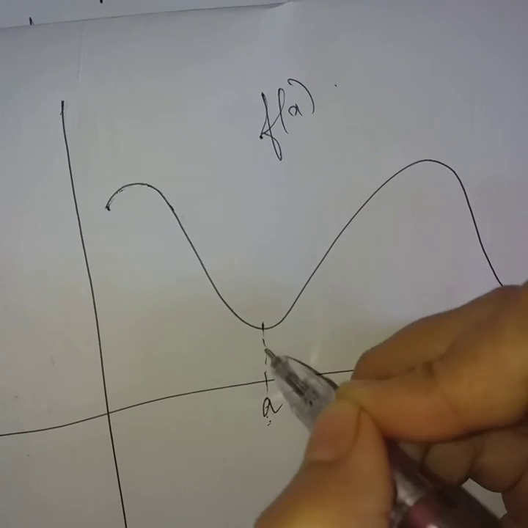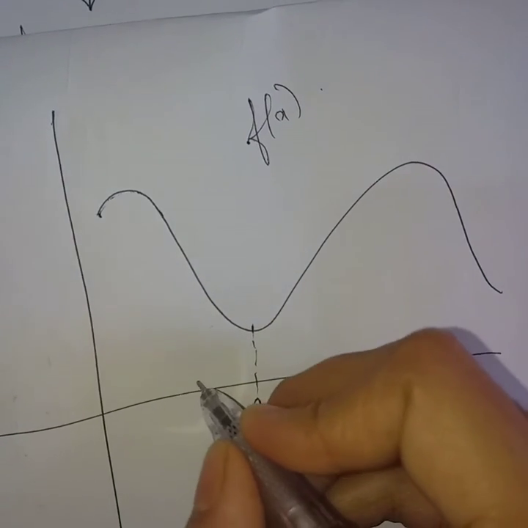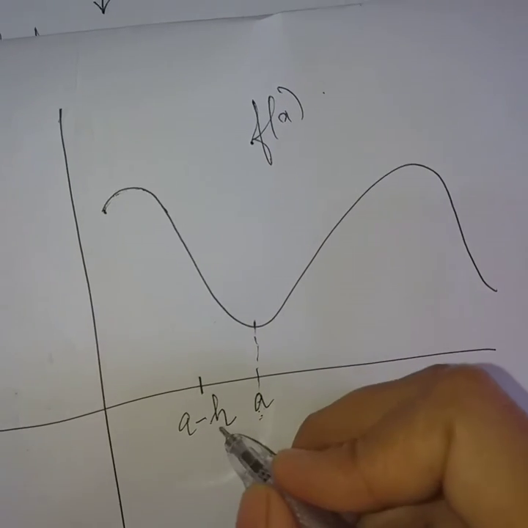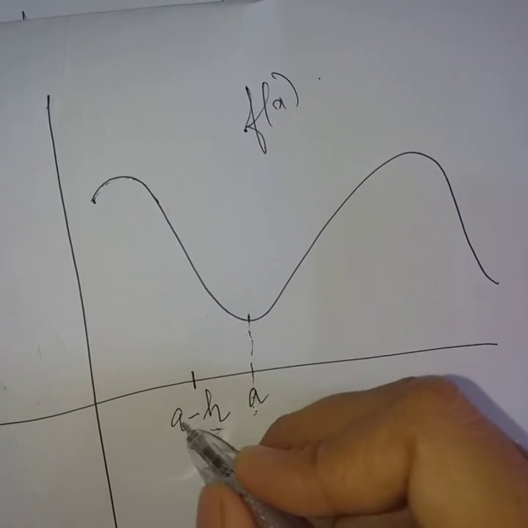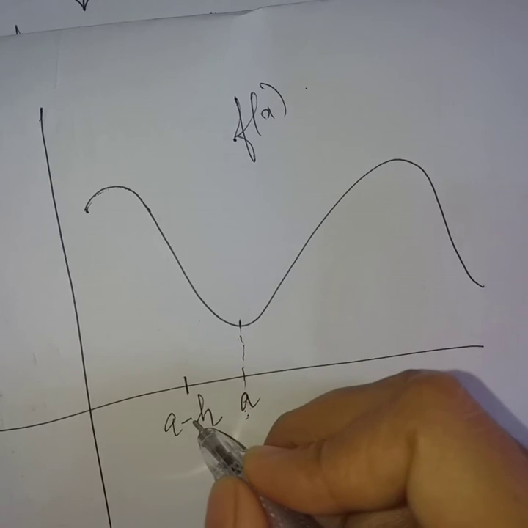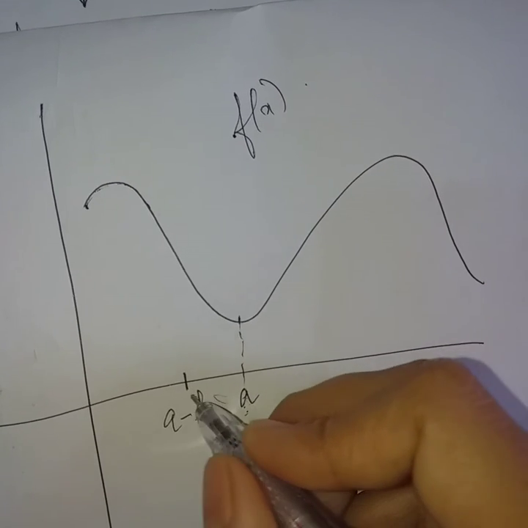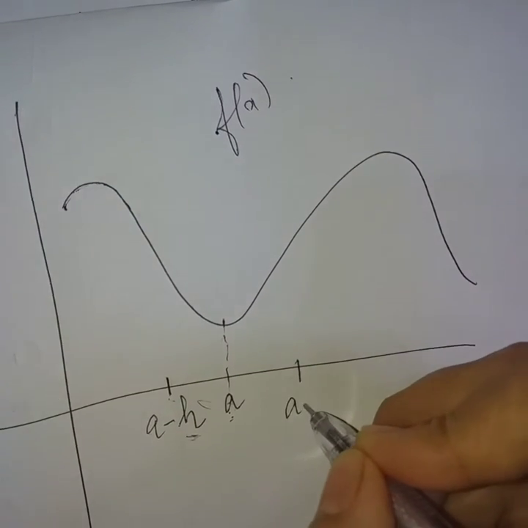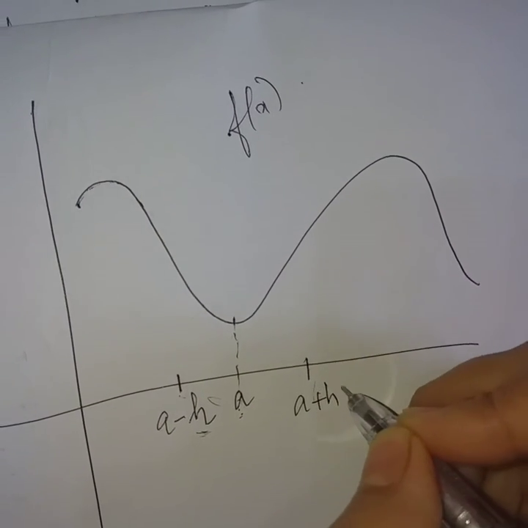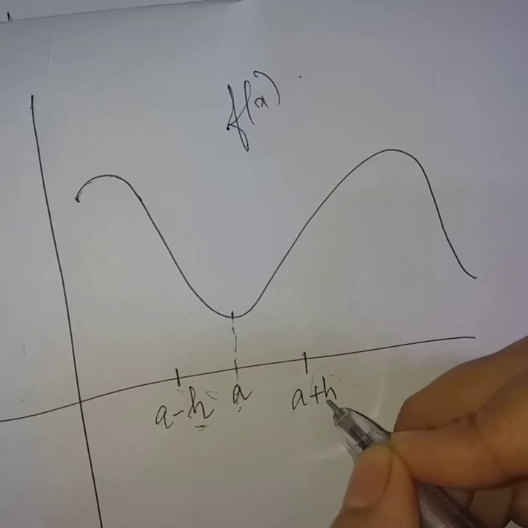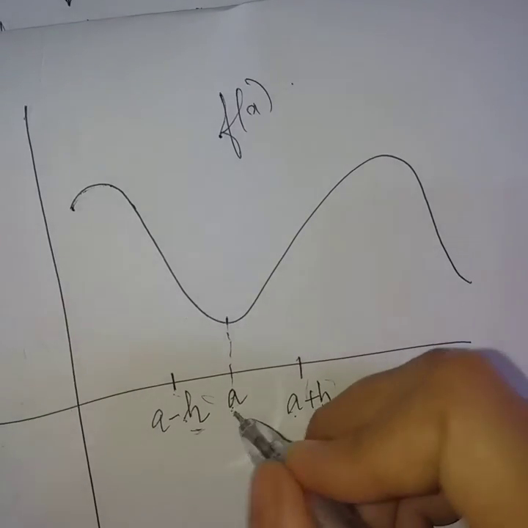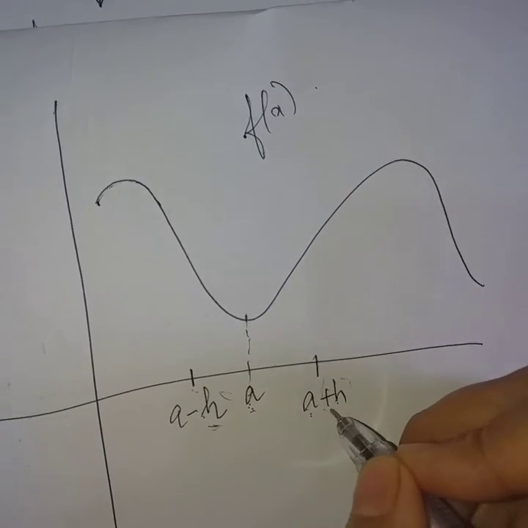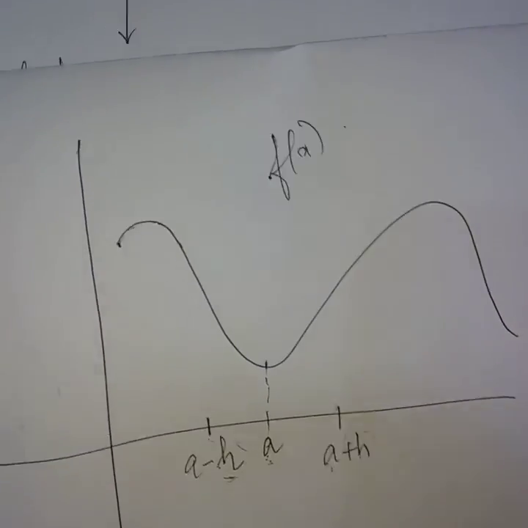Now if this point is A, then let us take another point A minus h, where h is a positive number, and if we subtract h from A we get a number smaller than A. Also if we have a point A plus h, where h is the same positive number, and if we add h to A, it gives a number slightly bigger than A.